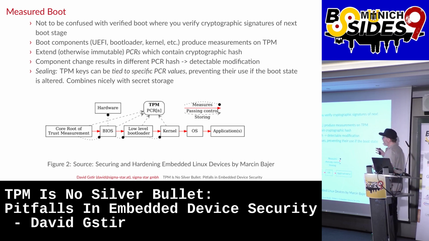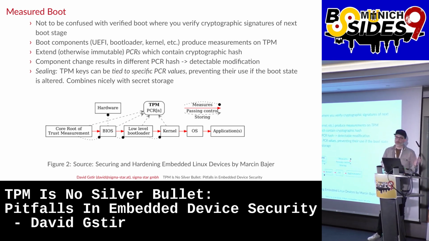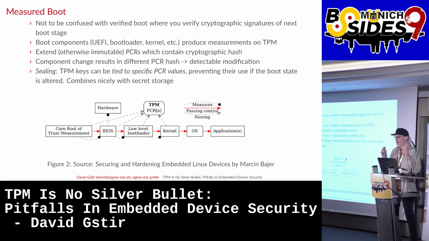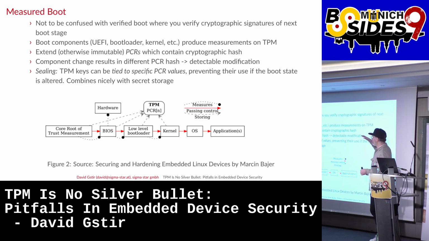And the second main use of a TPM is measured boot. That's not to be confused with verified boot, which is the common marketing term for this, secure boot. Verified boot, secure boot, is you verify signatures, right?